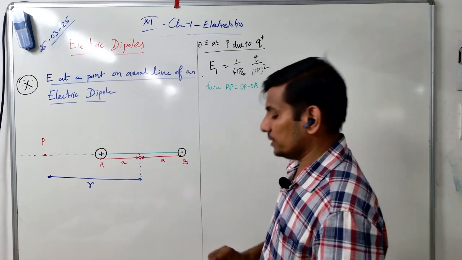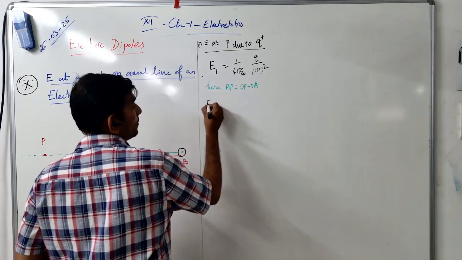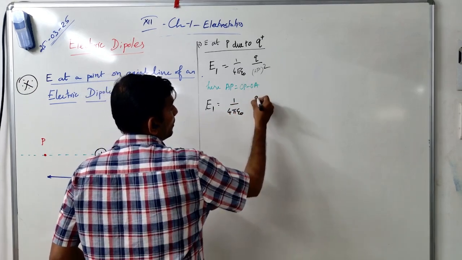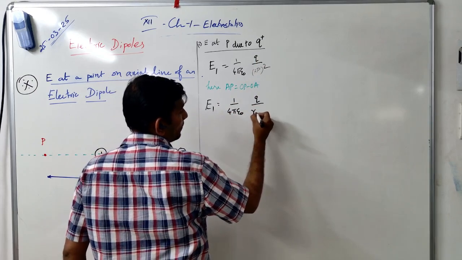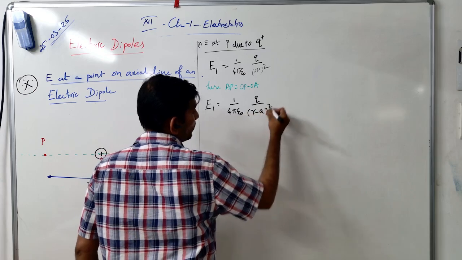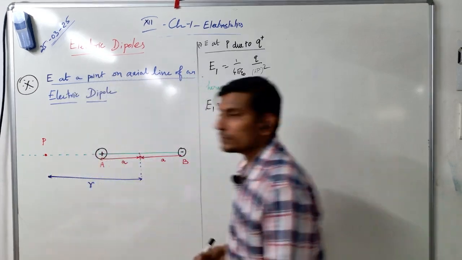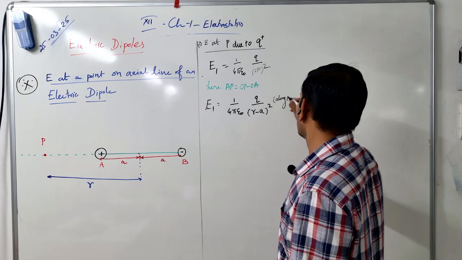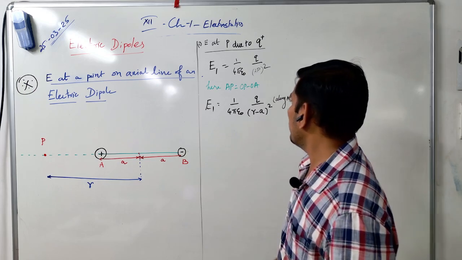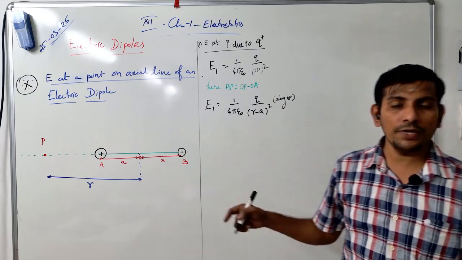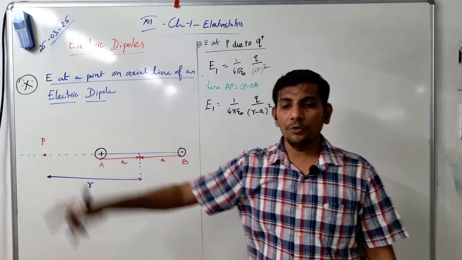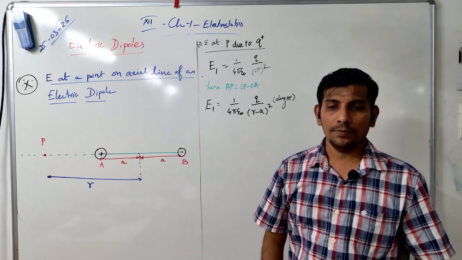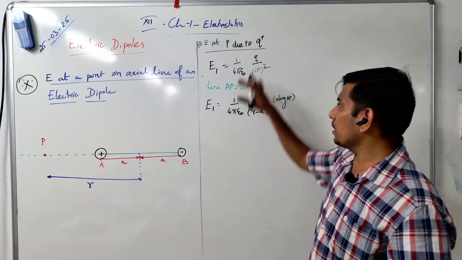So that I can write E1 is equal to 1 by 4 pi epsilon naught q divided by R minus A the whole square, along AP. I am describing the direction also, because this is a positive field, so it should be radially outward. It should start from A and go towards P. So along AP. Correct?